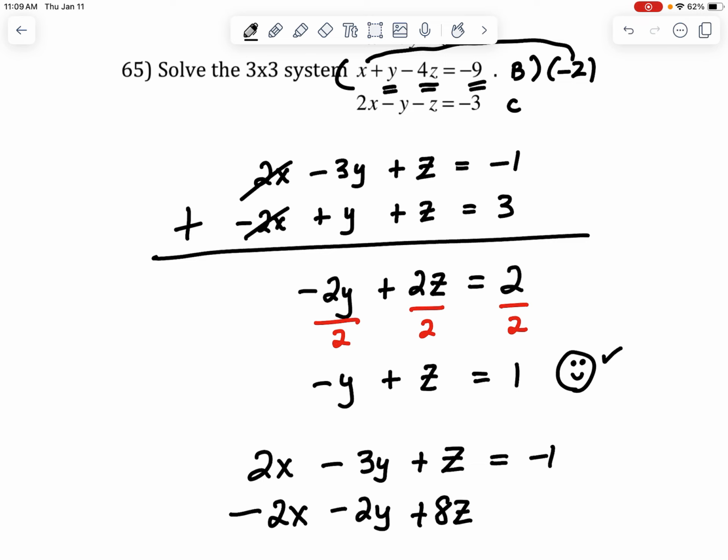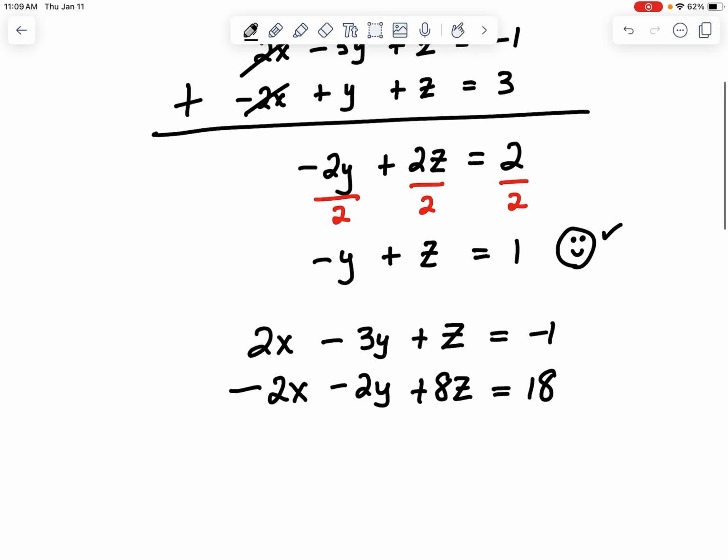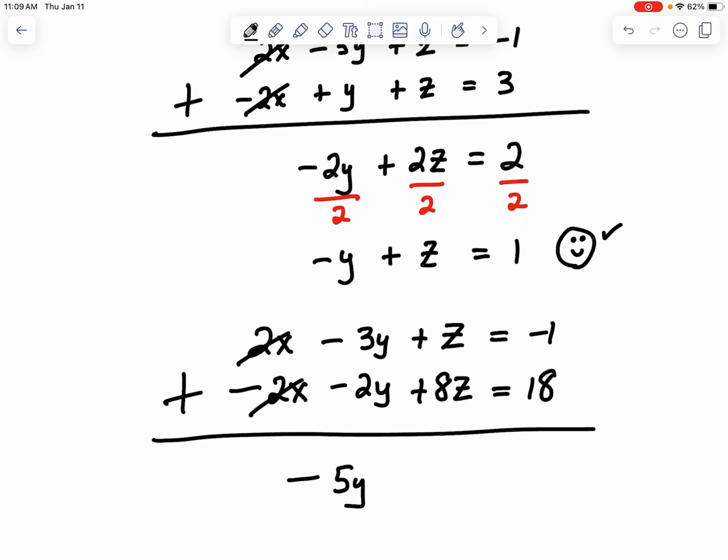And then you do have to distribute, and a negative 9 times negative 2 is going to be a positive 18. And then add these equations together, and the x's are going to cancel. We would be left with negative 5y plus 9z is equal to 18 minus 1, which is 17.